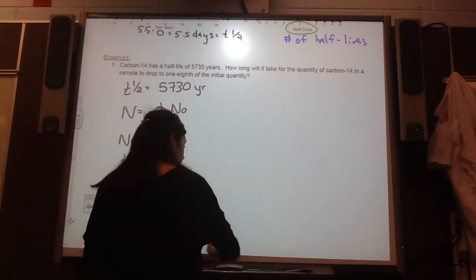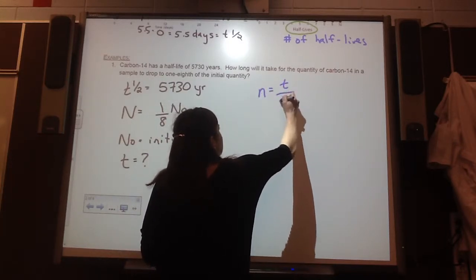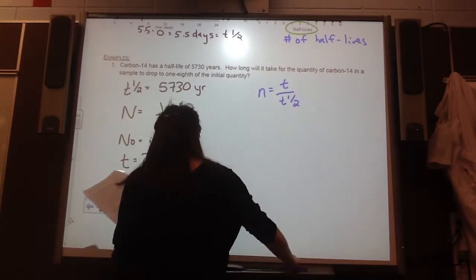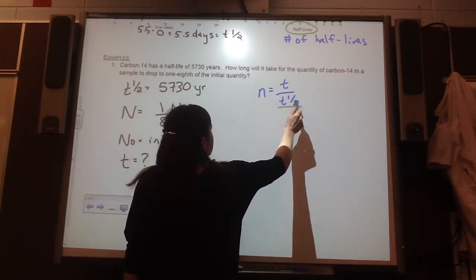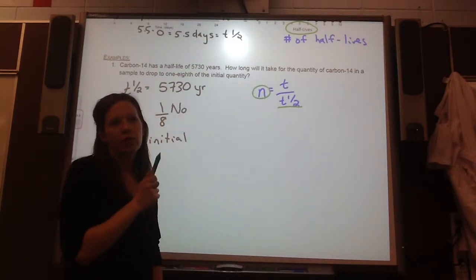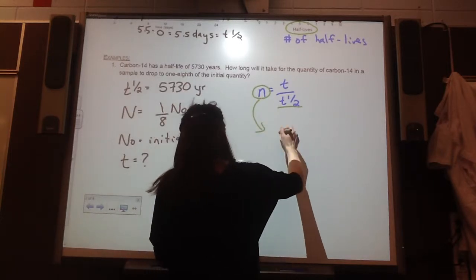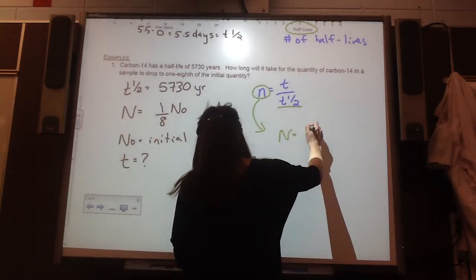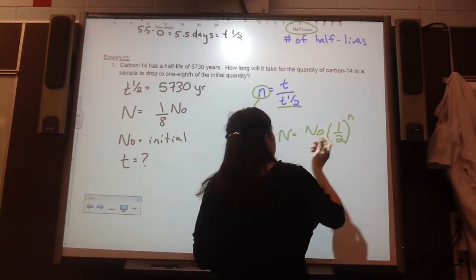So if I'm given N is equal to T divided by T half, and I'm trying to find out T, and I have my T half, I'm going to have to figure out N using my other formula first, okay? So I'm going to find this one out by going N is equal to N naught times a half to the power of little n.